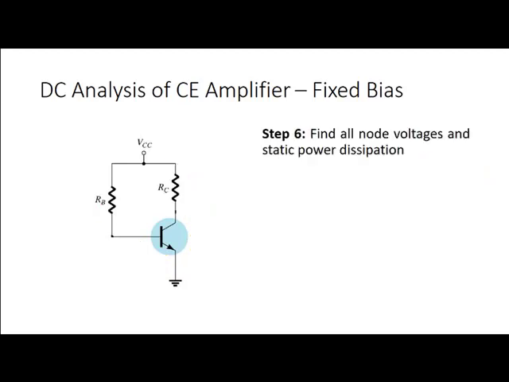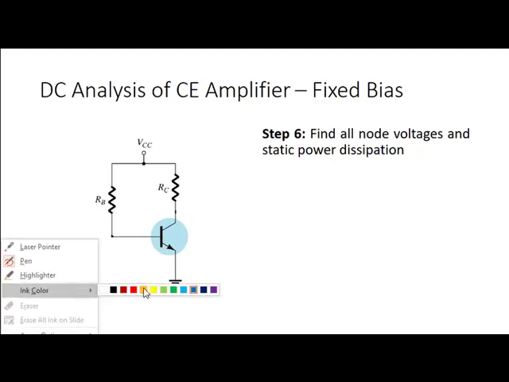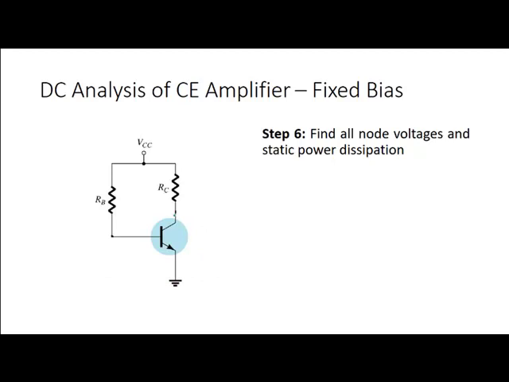In the next step, we will find all the node voltages and the static power dissipation of the device. So let me mark the different node voltages here, I'll mark it with a different color. The node voltages are measured with respect to the common terminal. This is the collector node, so I'll mark this as VC. VC is the voltage measured at this node with respect to the common terminal.